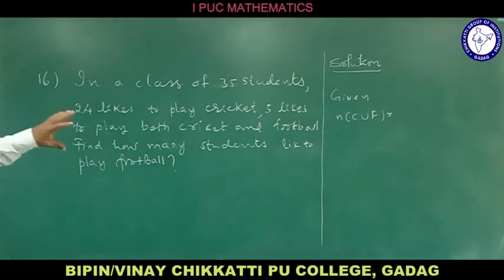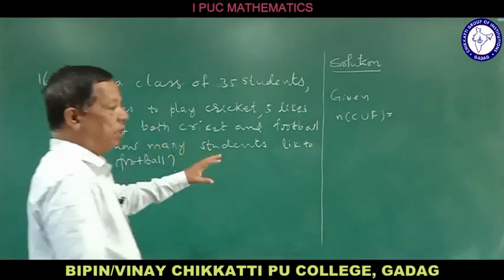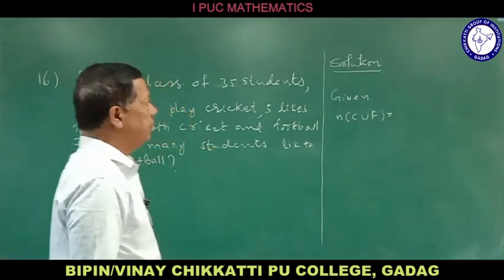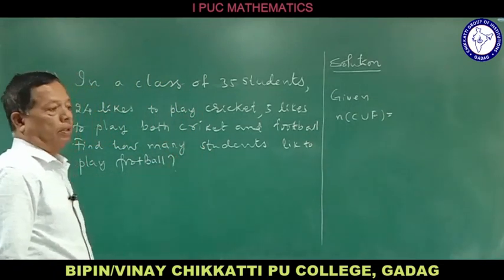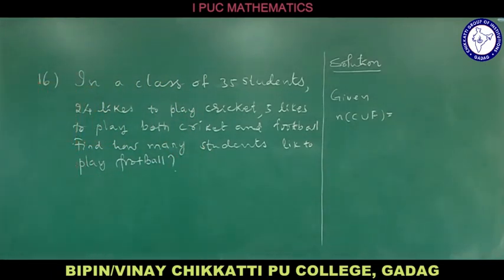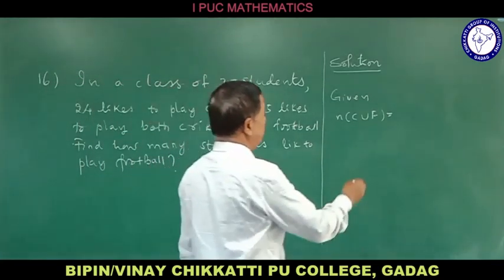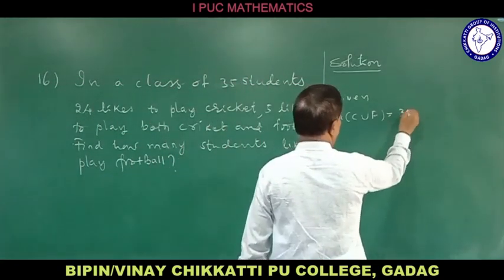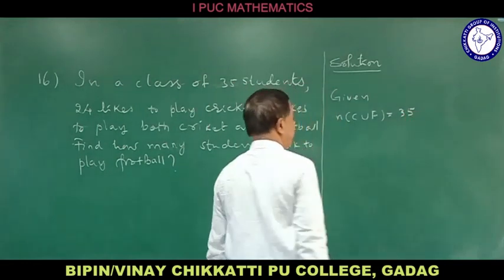So in a class of 35, all 35 students are either in the cricket team or in the football team. The total students, n of C union F, is nothing but 35. Try to understand how to write.